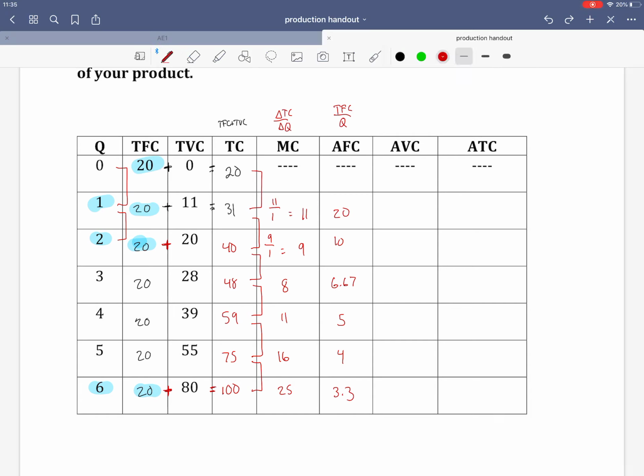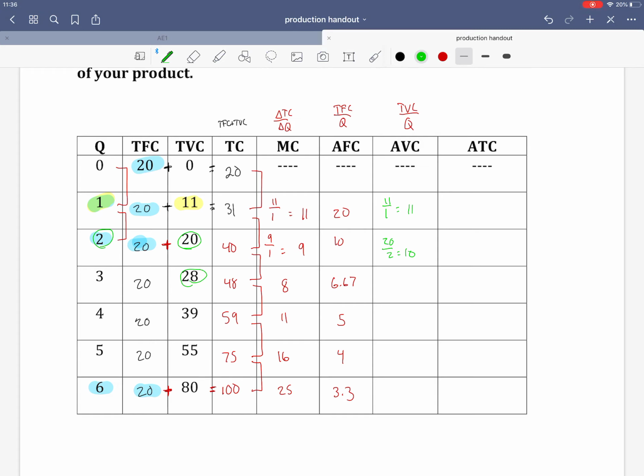So let's find our average variable costs. Average variable cost is going to be our total variable costs over our quantity. So we have our total variable cost, so 11 over 1 is going to give us 11. When we take our 20 divided by 2, it's going to give us our 10.